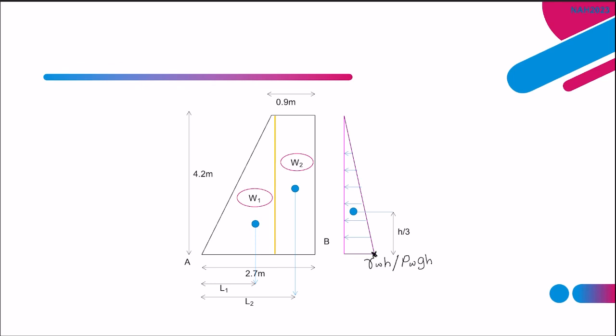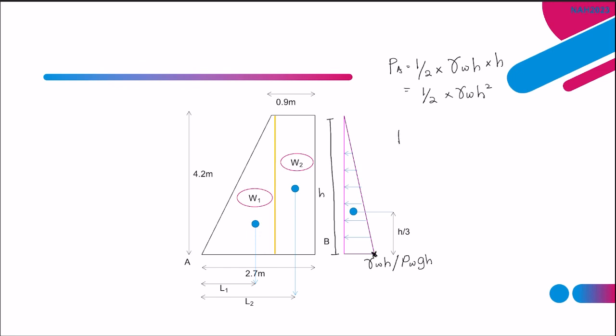Okay. So we know that this is H because the water reaches the very top level of the retaining wall. The pressure is going to be half times the width. If we use unit weight of water, multiply by H, multiply by H. Therefore, we get half times unit weight of water H power of 2.